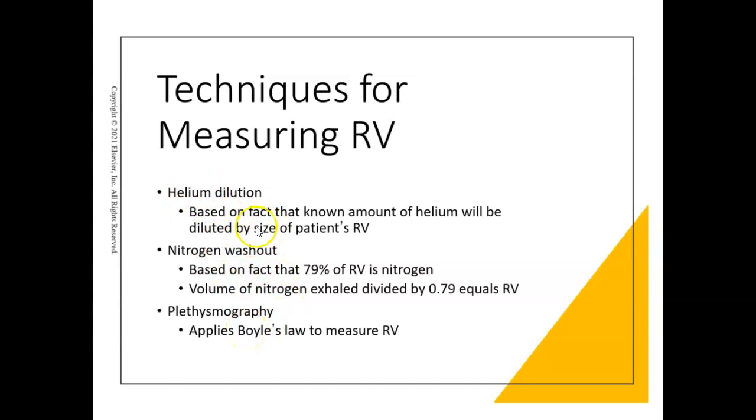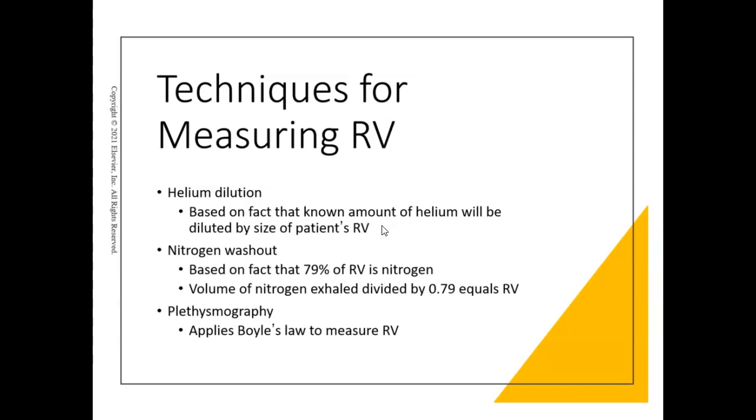So helium dilution is based on the fact that you will know the amount of helium that is being delivered to the patient, and what you're looking for is for that helium to come back. The patient is going to be breathing in this known quantity of helium, just tidal breathing through this closed circuit. As they breathe this gas in, that helium concentration is going to equilibrate in the lungs.